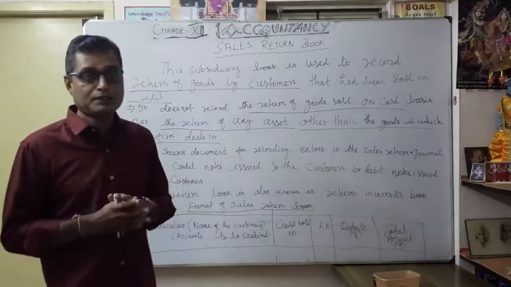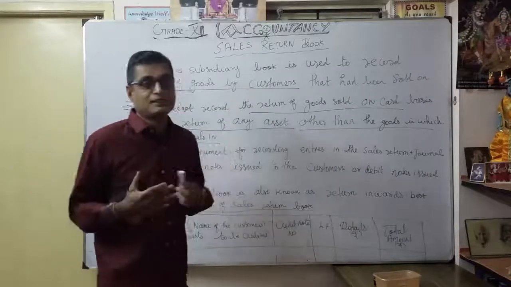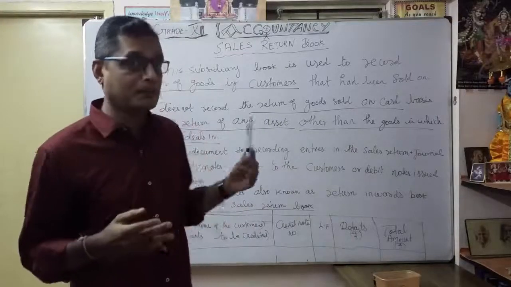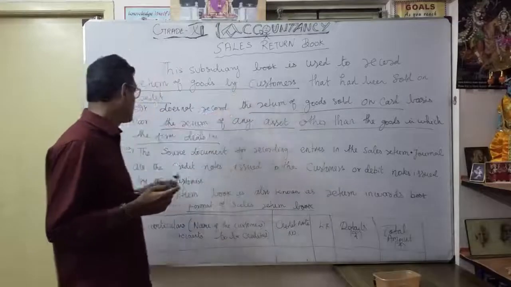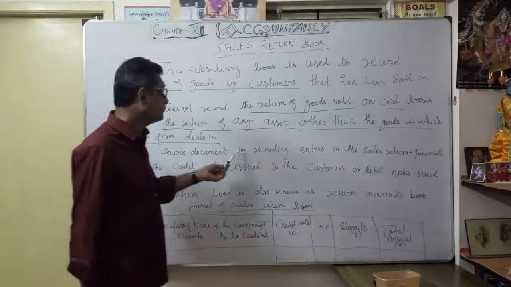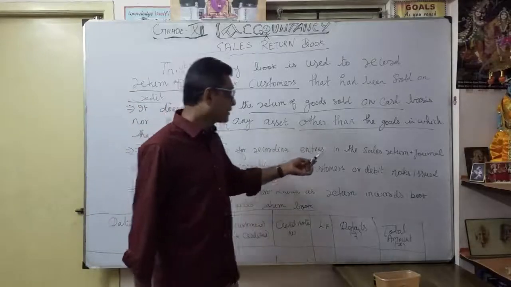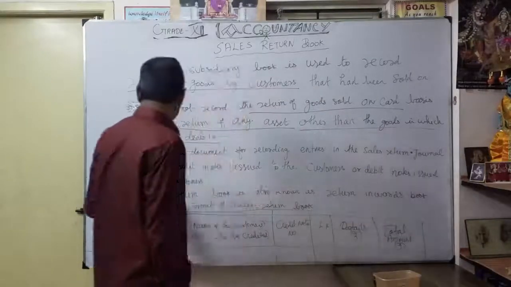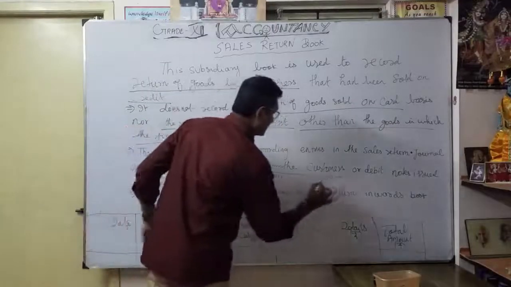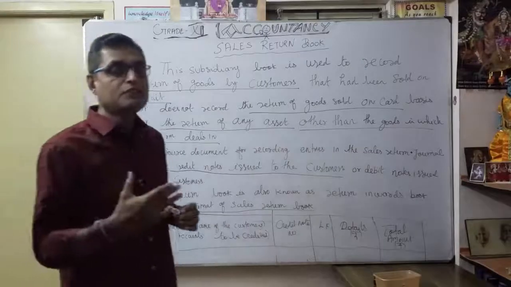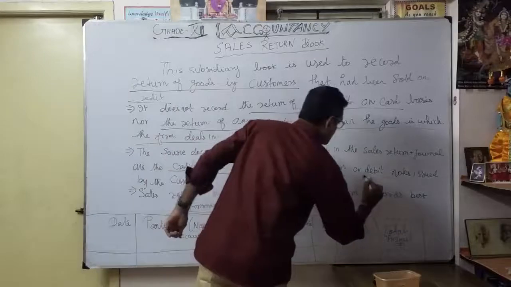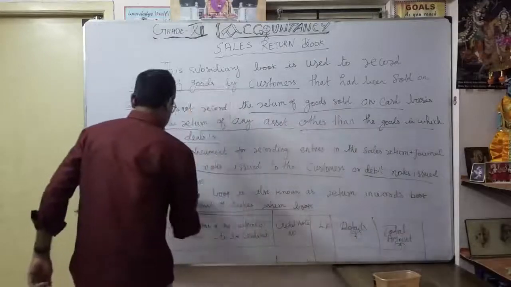If you understood the purchase return book, the sales return book is very easy. If you understood the purchase book, the sales book is very easy. Same manner here. In the sales return book, how are you going to record the sales return? The source documents for recording entries in the sales return journal are the credit notes issued to the customers, or debit notes issued by the customer.